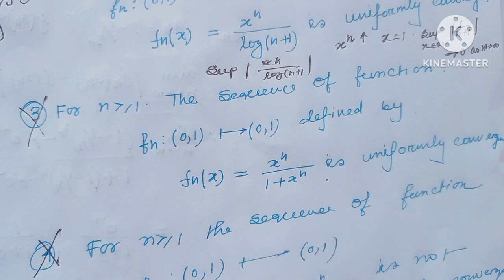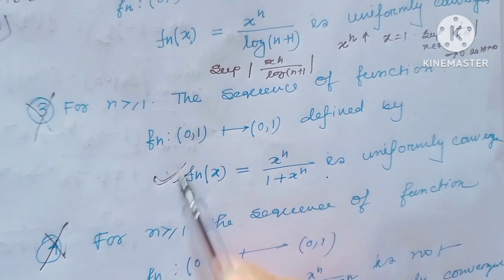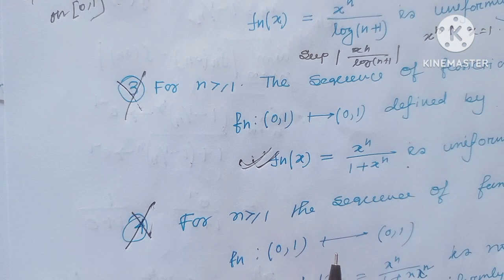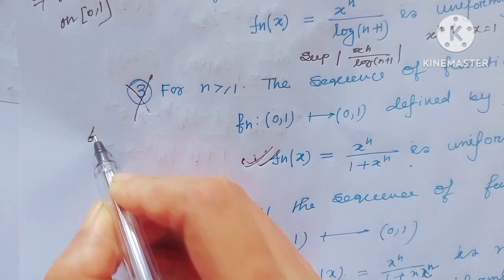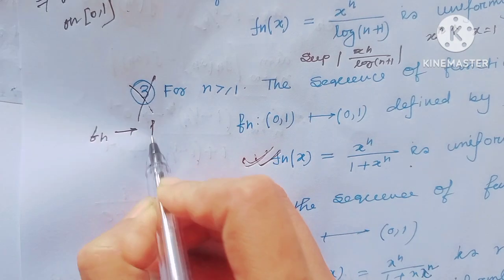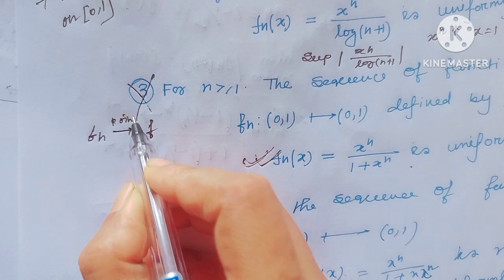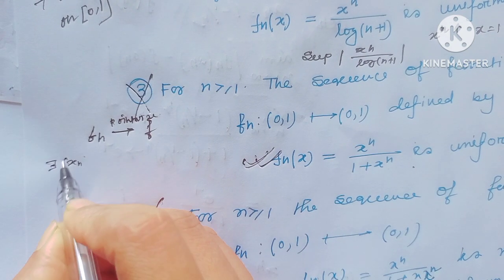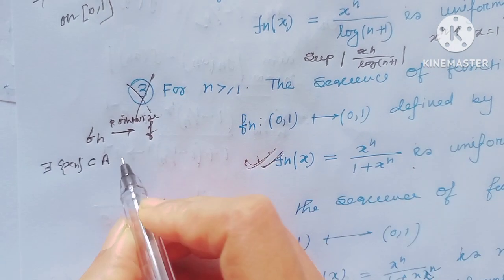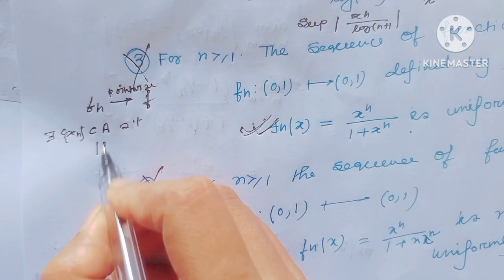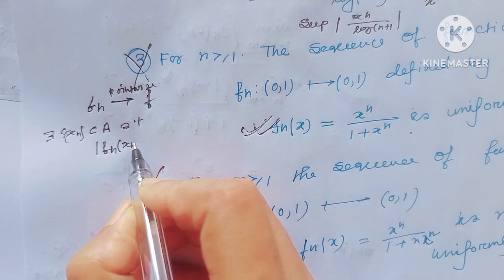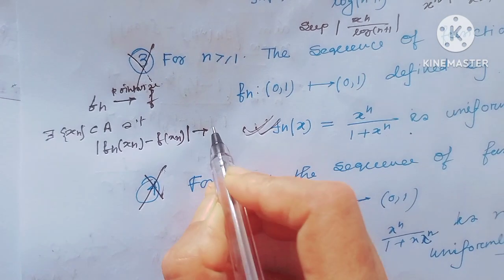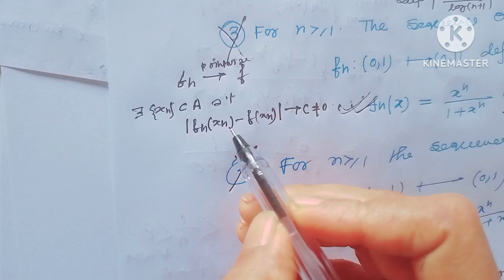Actually, for this sequence of functions, the actual theorem is: f_n converges to f uniformly if there does not exist a sequence x_n in A such that f_n(x_n) minus f(x_n) tends to c, which is not equal to 0.